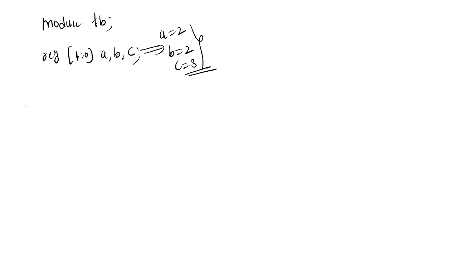And next, in TB, reg 1 down to 0 A. Suppose I keep a semicolon and here I will keep B. Is there any error here?